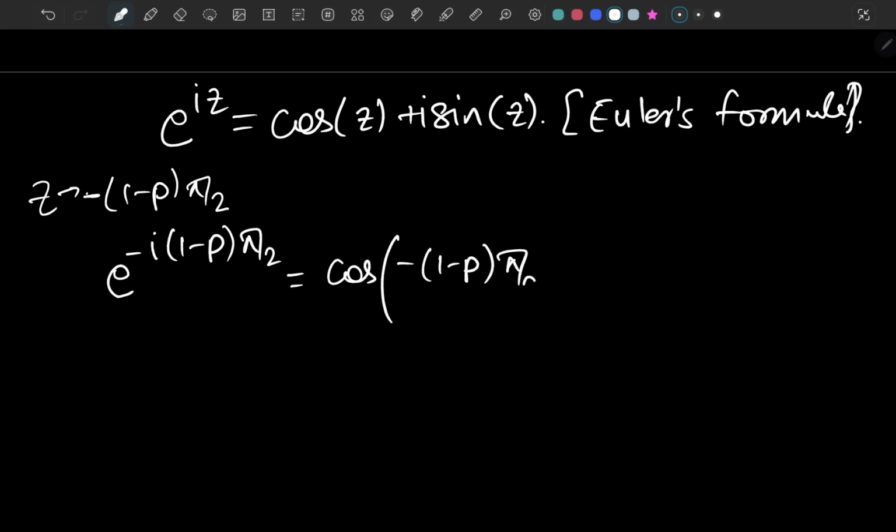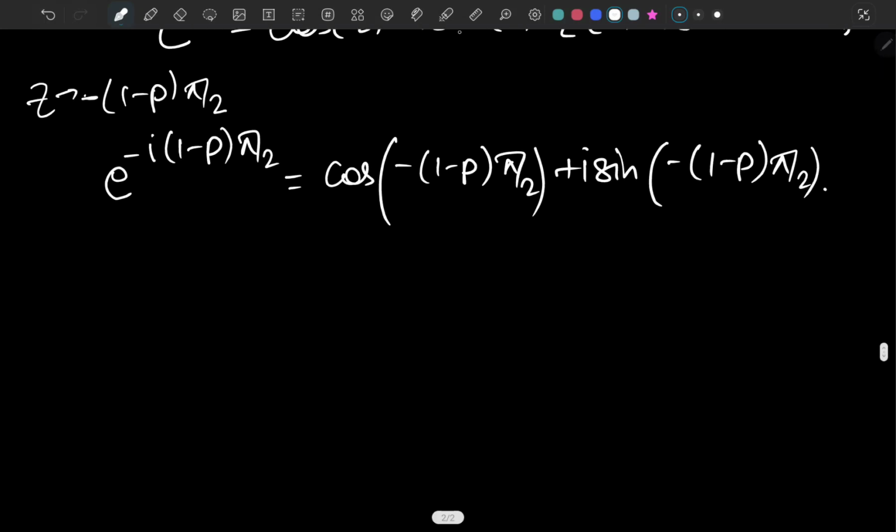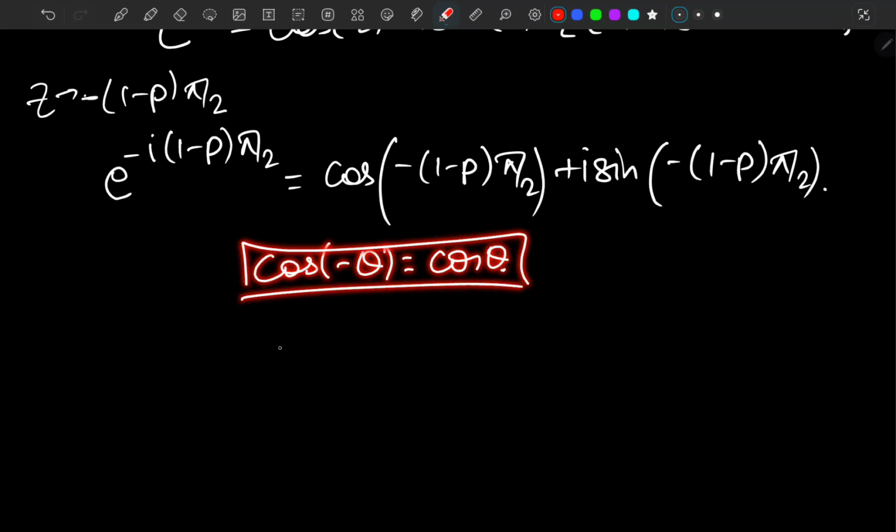plus i sine of negative (1 minus p) pi over 2. And we know that cosine of negative theta is cosine of theta because it's an even function, and sine of negative theta is minus sine theta.